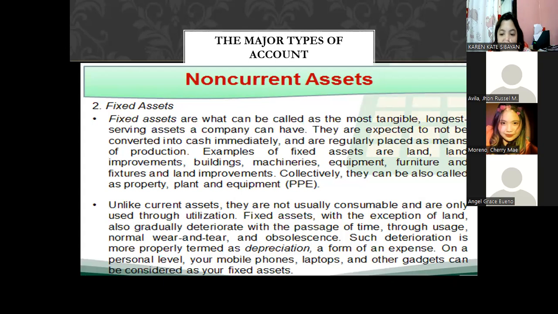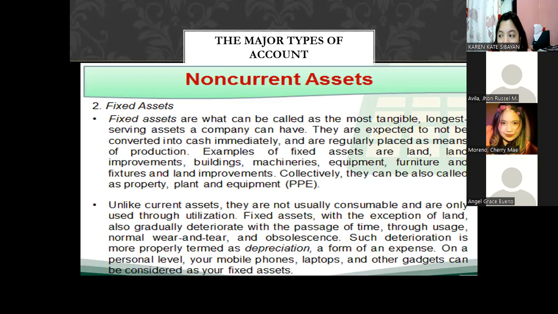For example, fixed assets are land improvements, building, machineries, equipment, furniture, and fixtures. Collectively, they can also be called property, plant, and equipment, or PPE. Okay? So sila yung mahirap, di ba, na i-convert agad. Naka-fix na siya. Okay? So unlike current assets, they are not usually consumable and are only used through utilization.